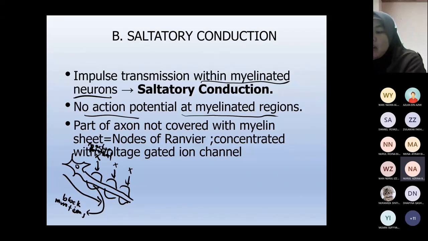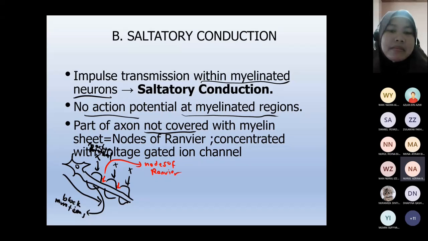The part of the axon that is not covered with myelin sheath is called the nodes of Ranvier. This part that is not covered by myelin sheath we call nodes of Ranvier. Okay, Ranvier, not Ranveer. Not Ranveer Singh. This is nodes of Ranvier.